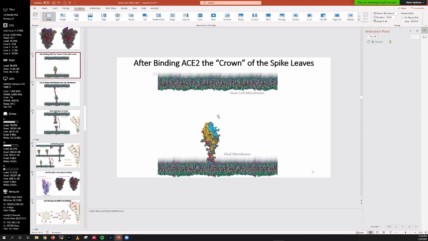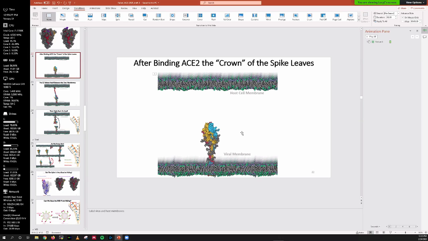Because experiments done on the wild type form of the spike, not that stabilized proline mutant, show post-fusion spikes on the surface of the virus, which is indicative that spikes at some point must have spontaneously shed their crown and then shifted to the post-fusion state without doing so near the host cell membrane.